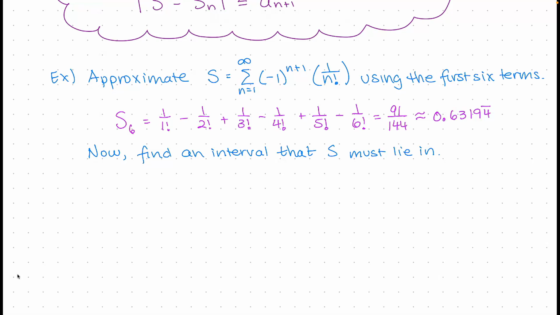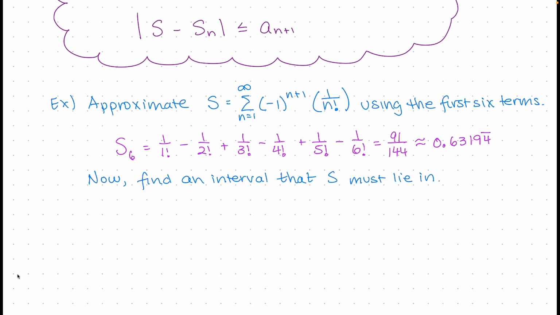So we're just going to use a formula. The formula I'm just going to write down first. I won't fill anything in. The absolute value of the infinite sum minus the nth partial sum should be less than a sub n plus 1. So the actual sum, we don't know.